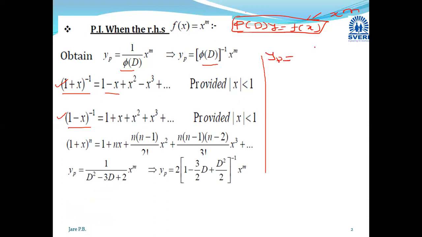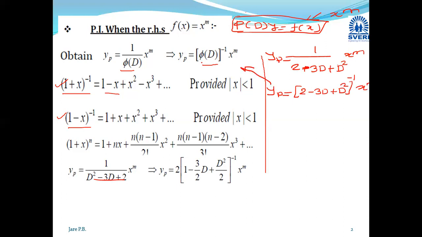We write 1 upon this term as 1 upon (2 minus 3D plus D square) into x raised to m. Then we write it in inverse form: (2 minus 3D plus D square) raised to minus 1 into x raised to m. So try to convert this form into the standard one.